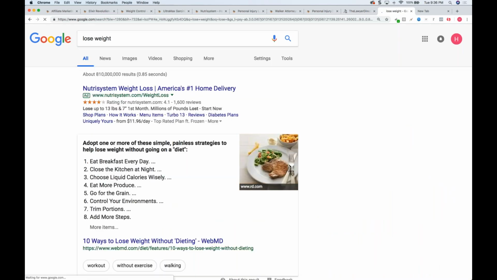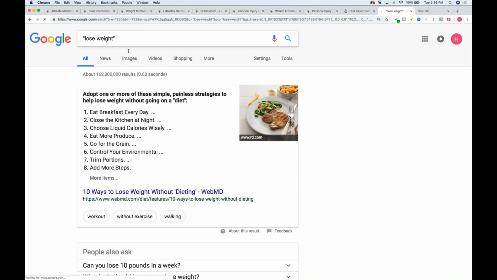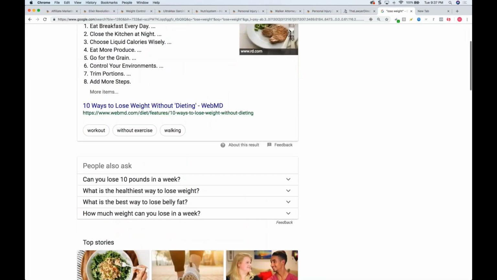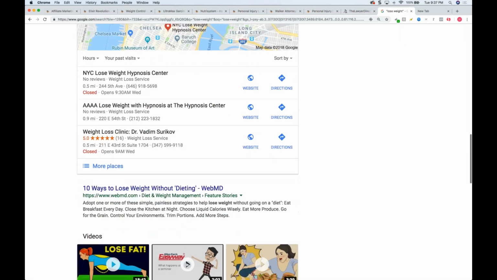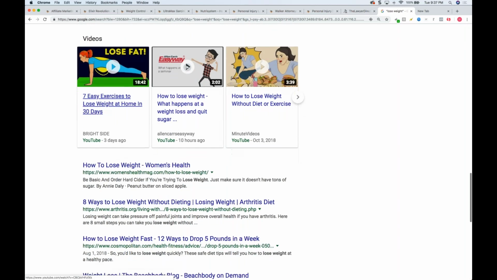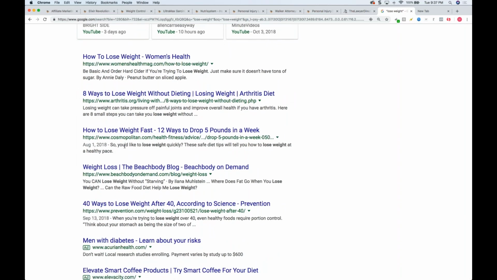All right. 810 million results. You can put that in quotes so we can start to drill down in our competitive research. 162 million results. The top results are what? Health.com, Healthline.com, probably WebMD. There you go, WebMD, Women's Health Mag, Arthritis.org, Cosmopolitan Magazine.